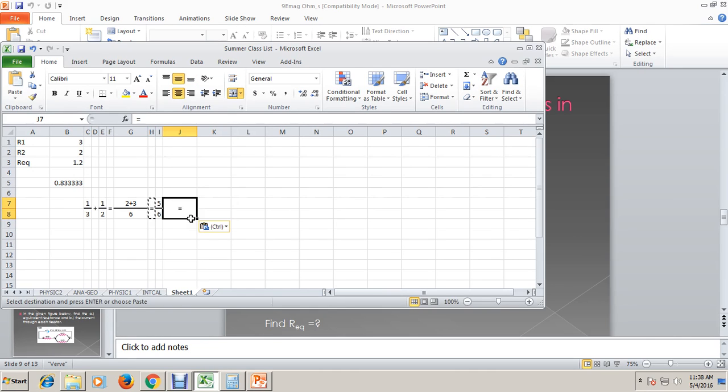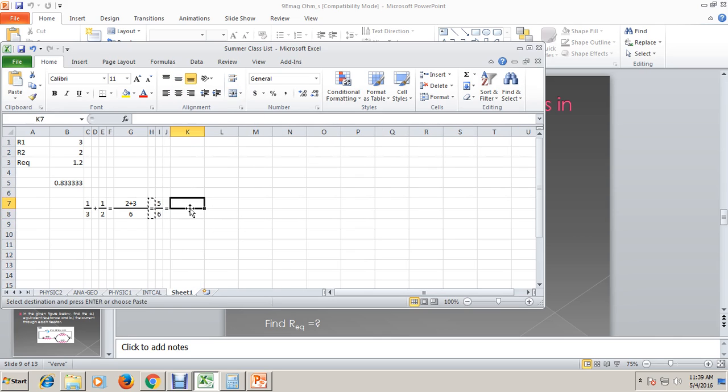If you're going to have this in decimal form, this means that you're going to divide 5 by 6. Expectedly, this is the same as the one we had before. This is 0.8333 and so on.